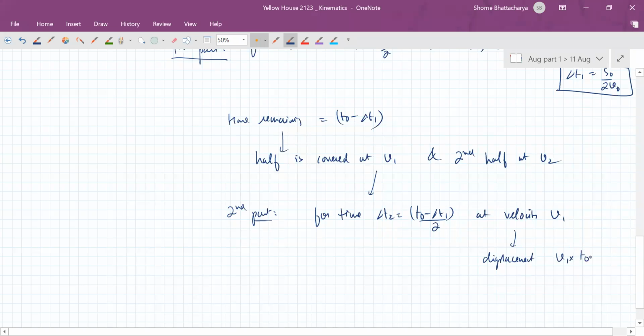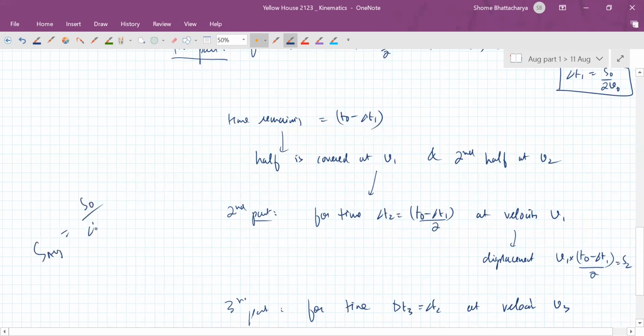V1 into delta t2. This is S2. Similarly, for the third part, delta t3 is equal to delta t2, but at velocity v2. Now we have a formula for the average velocity. It will be S naught divided by delta t1 plus delta t2 plus delta t3, right? Yes.